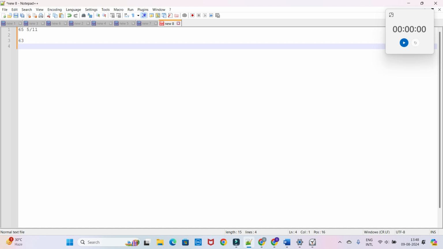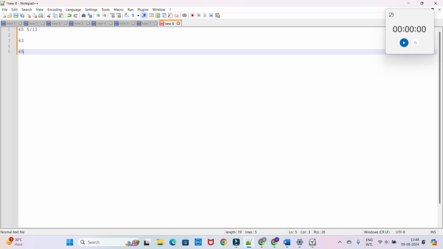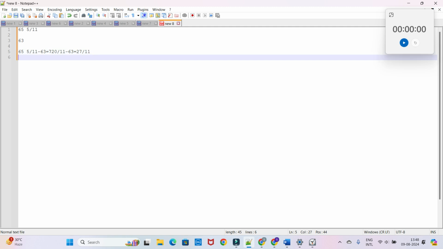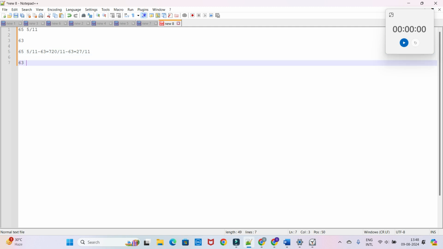So the difference is 65 5/11 minus 63, that is equal to 720/11 minus 63, which results in somewhere around 27/11. Now for 63 minutes, the loss is 27/11 minutes.